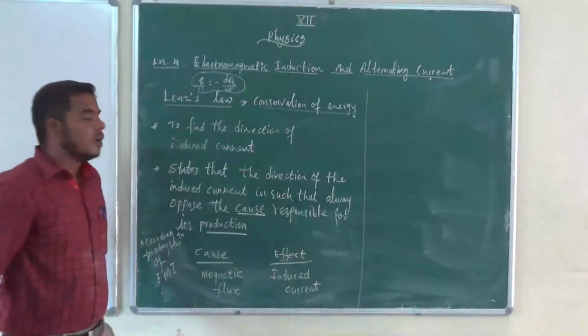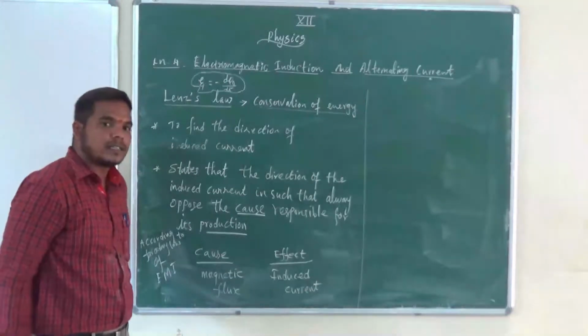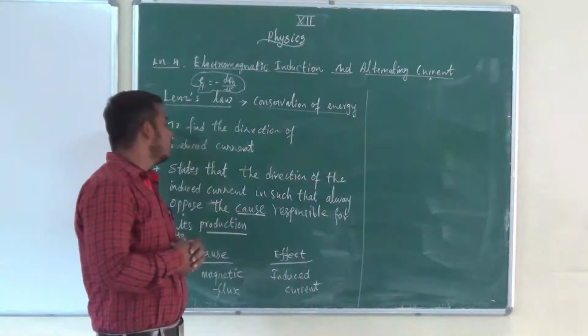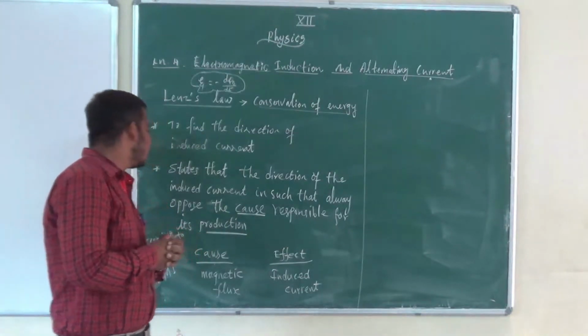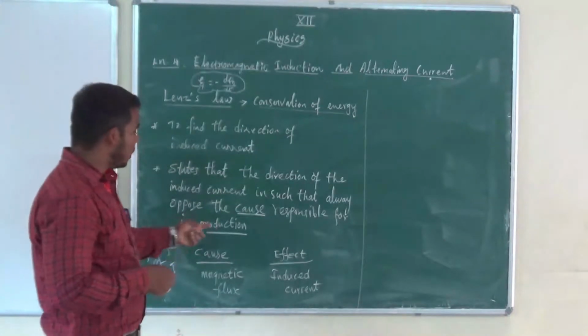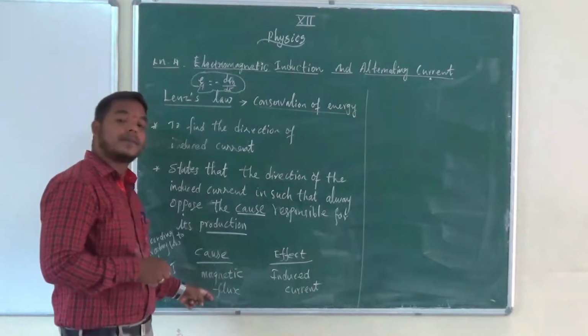So once again, Lenz's law is used to find the direction of induced current. The statement of Lenz's law says that the direction of the induced current is such that it always opposes the cause responsible for its production. Here production means electric current, and cause means magnetic flux.